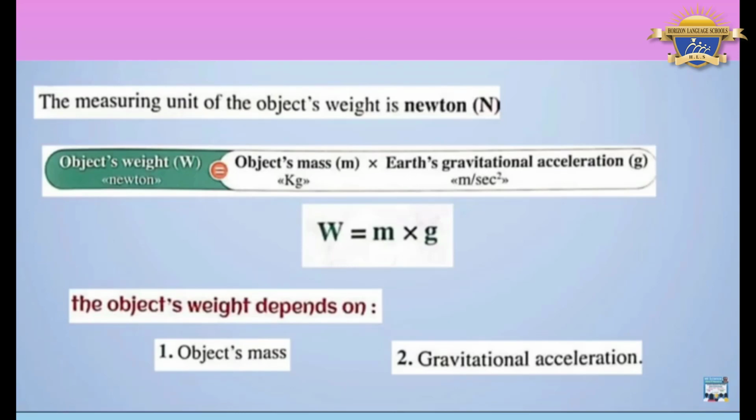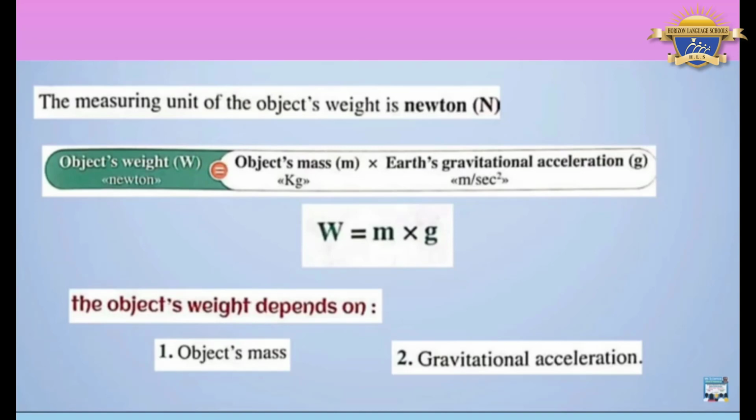Newton. And the law of object weight: weight equals object mass times Earth's gravitational acceleration. Acceleration is measured in m per second squared, and object mass is in kilograms.